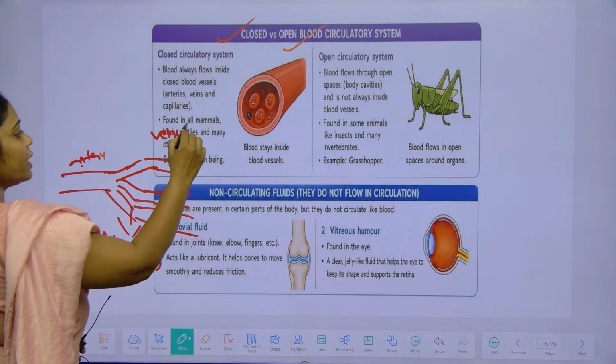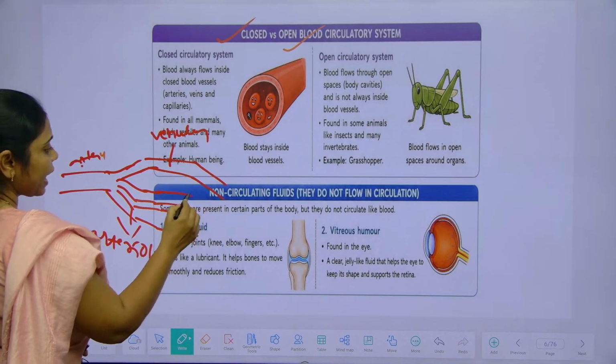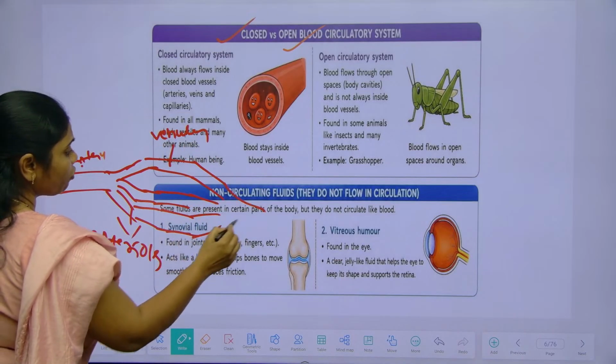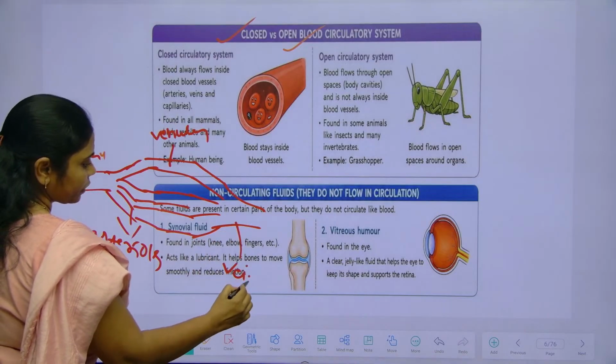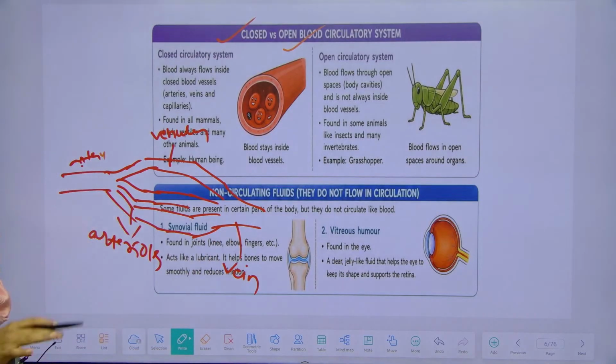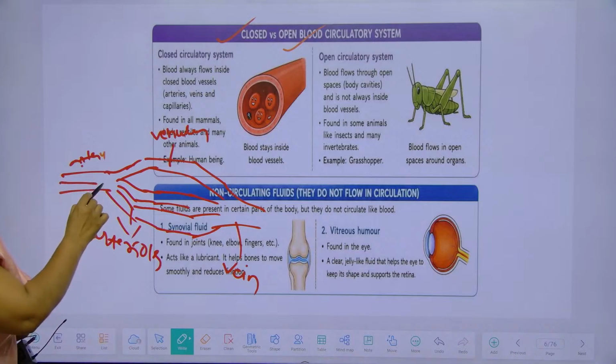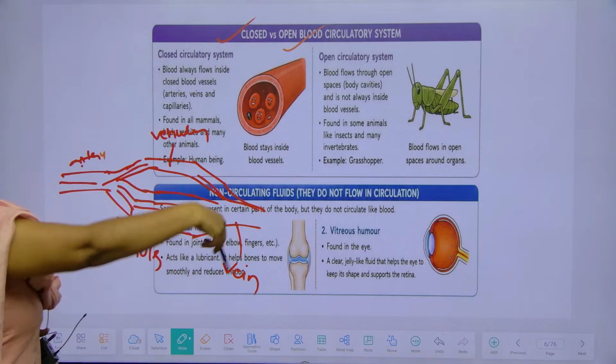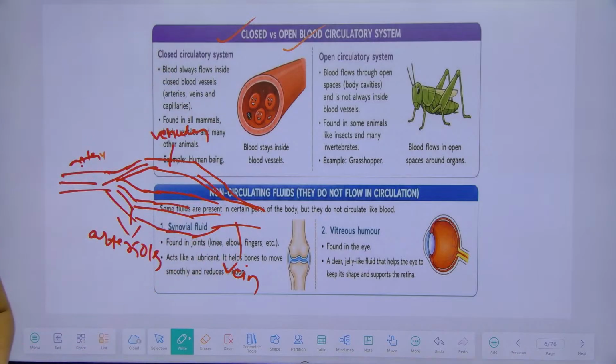Venules. And these venules again form what? Veins. Clear? So the blood is transported through artery, arterioles, venules and veins, and again goes back to the heart. If it is deoxygenated blood, it has to go to the lungs. If it is oxygenated, it has to come back to the heart only.